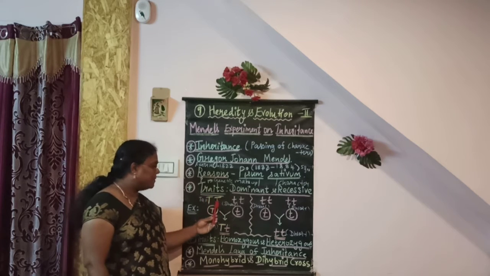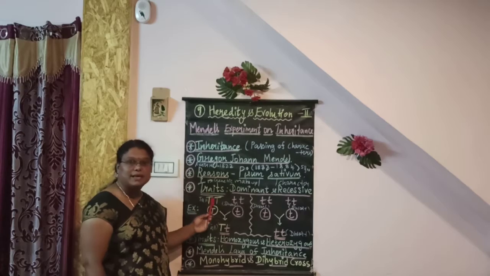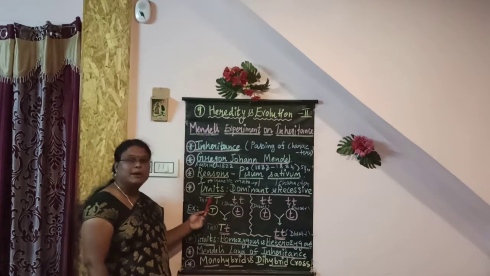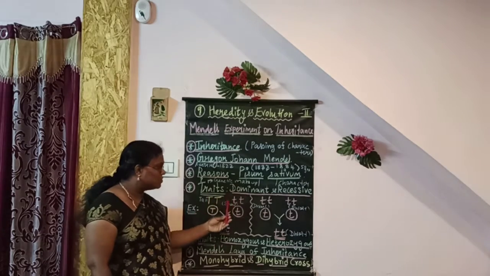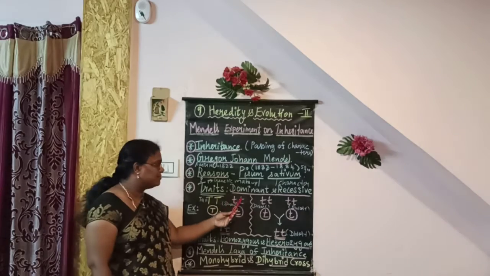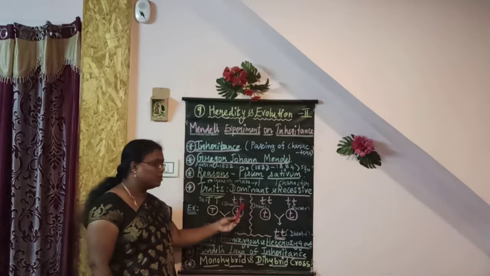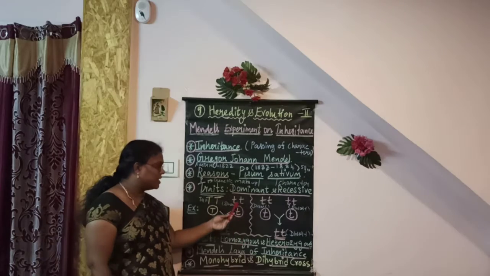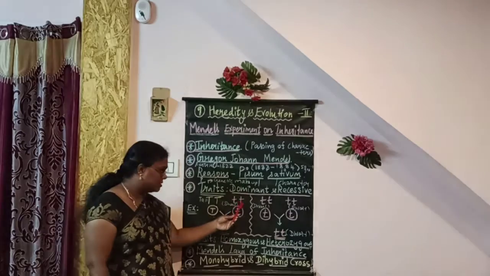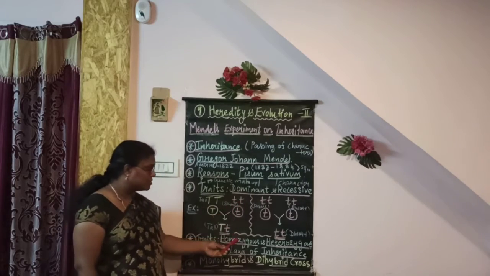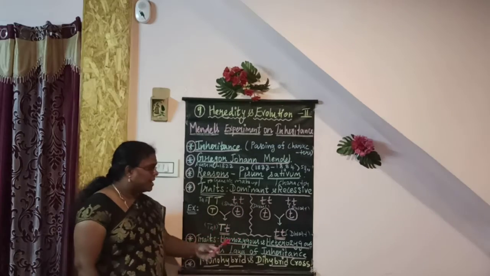So this capital T, capital T is an example of a homozygous trait. Here this also, small t, small t, recessive trait, pure breed, is an example of homozygous. The two genetic makeups are the same, so it is called a homozygous trait.